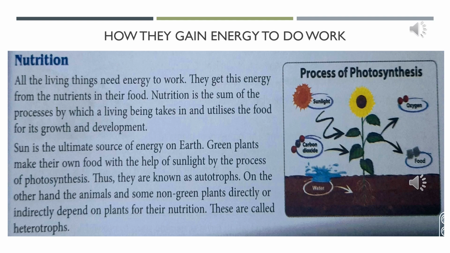Green plants make their own food with the help of sunlight by the process of photosynthesis. Thus, they are known as autotrophs. On the other hand, animals and some non-green plants directly or indirectly depend on plants for their nutrition. These are called heterotrophs. We have already studied this: autotroph and heterotroph. Autotrophs are those which make their own food, and heterotrophs are those which are dependent on others for their food.